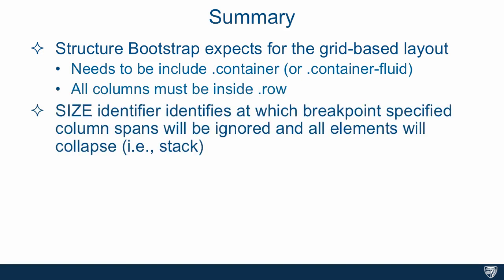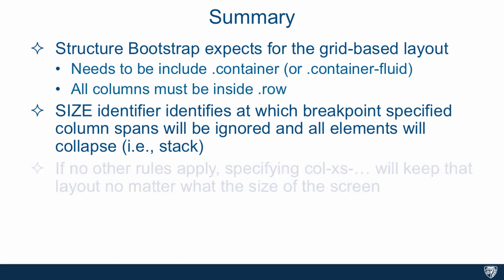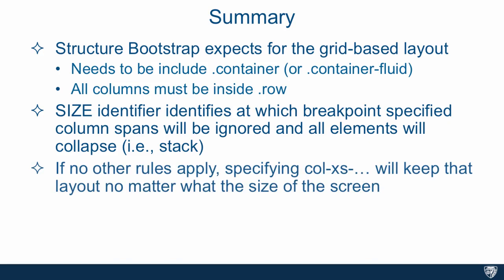We spoke about the Bootstrap grid system column classes and the fact that they have a size identifier that identifies at which breakpoint specified column spans will be ignored, and then all elements will collapse. In other words, the columns will start stacking one upon the other. And as part of our demo, we spoke about the fact that if no other rules apply, specifying col-xs will keep that layout no matter what size of the screen.